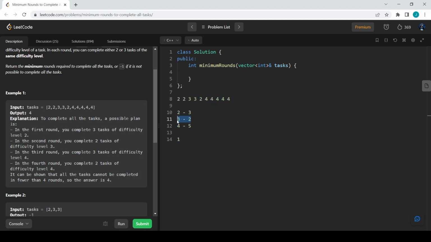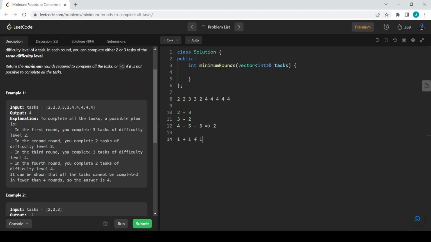In the third round you complete three tasks of difficulty level 4, taking 3 out of 5, and there will be 2 remaining.